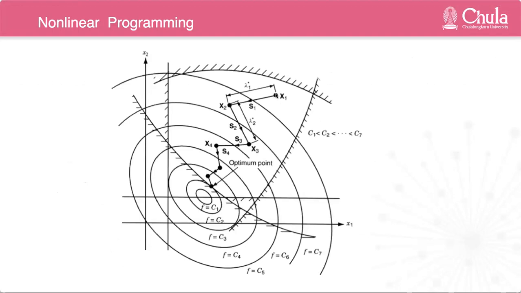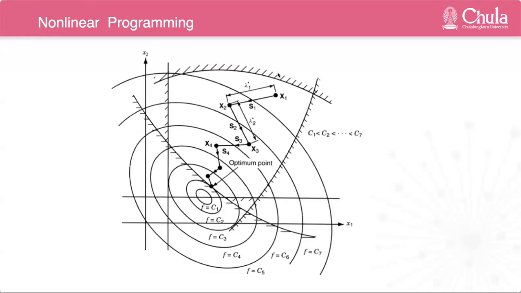Consider this diagram. Let's say we have a contour of the objective function. You can ignore the constraints which set the feasible region.